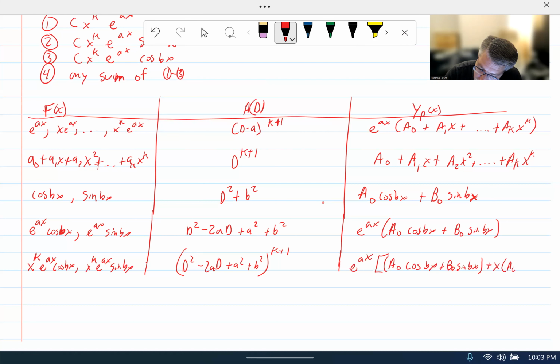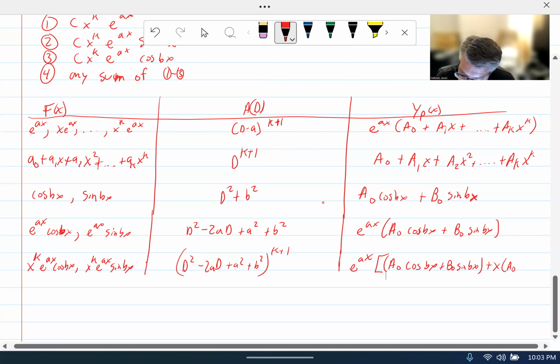It would be a naught, or sorry, a1 in this case. So however high x goes is however many terms we have here.